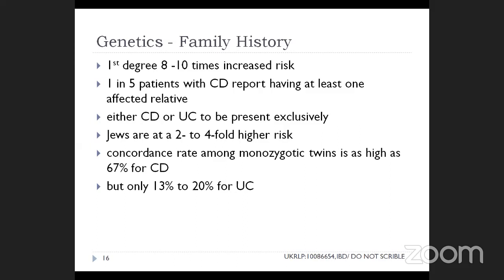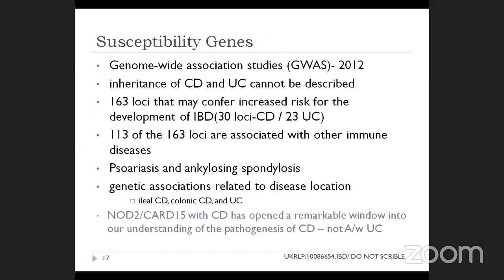So, what are the susceptibility genes? There's a study which was done in 2012 by Genome Wide Association Studies, otherwise called GWAS studies, which recruited more than 1,000 participants who had inflammatory bowel diseases, and the inheritance of Crohn's disease and ulcerative colitis were studied.